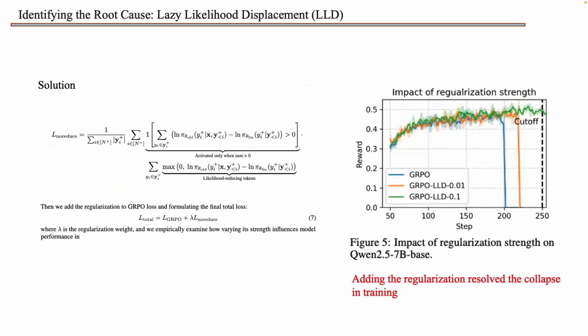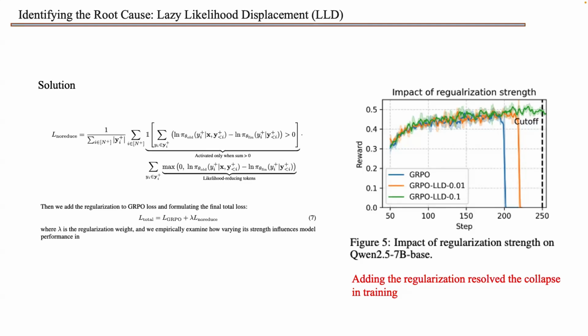So what we do is a very simple regularization. Because we observe that the correct responses' likelihood is reduced after training, we add a regularization. The first term selects the responses whose likelihood dropped after training. We just measure the likelihood and compare it with its baseline likelihood, and if the value is smaller than 0, which means it has decreased, then we activate it.